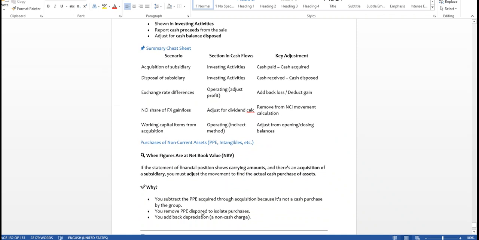Now, for PPE, when figures are at net book value, when you have your carrying amount, and there is an acquisition during the year, you adjust for that movement too.